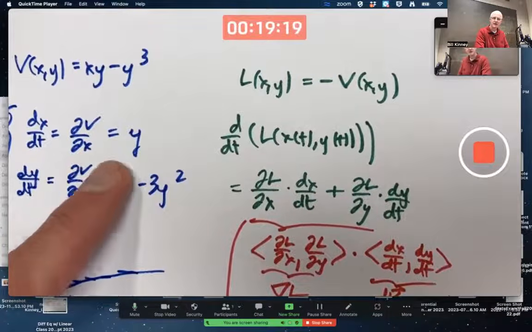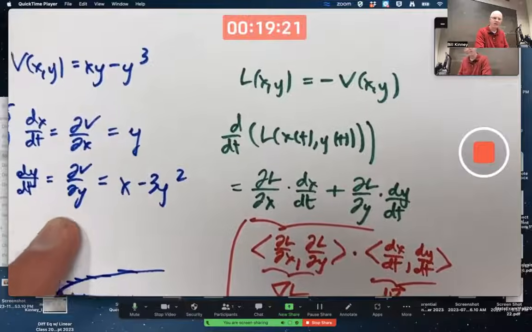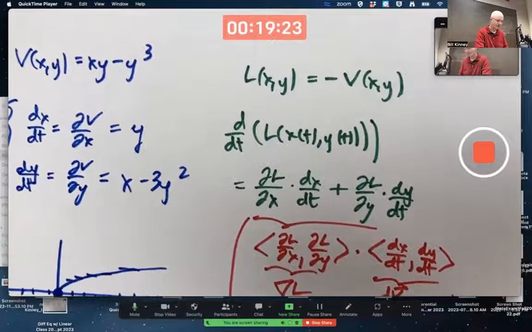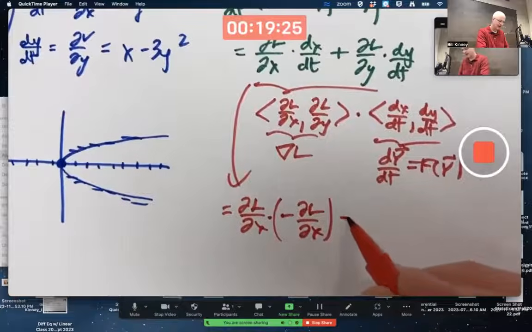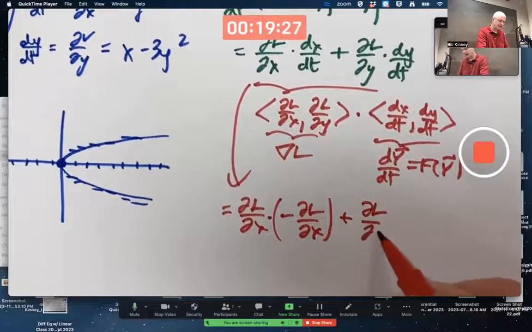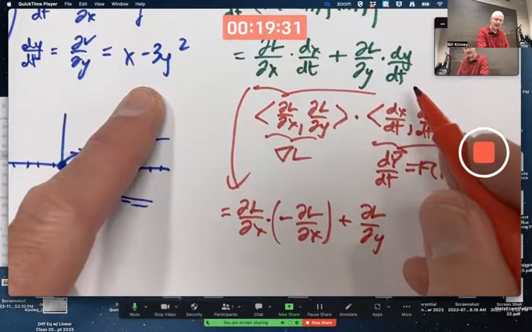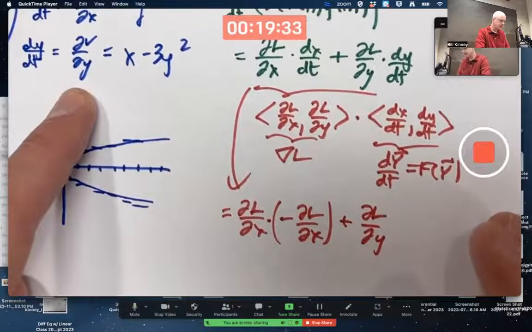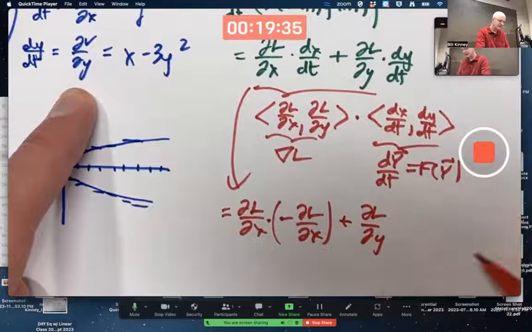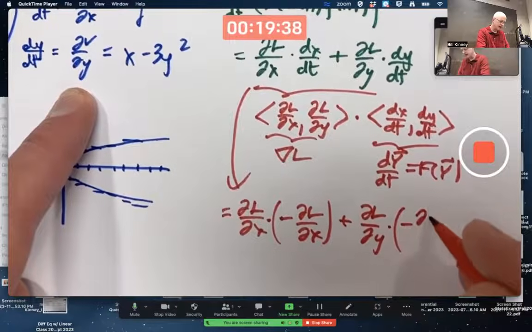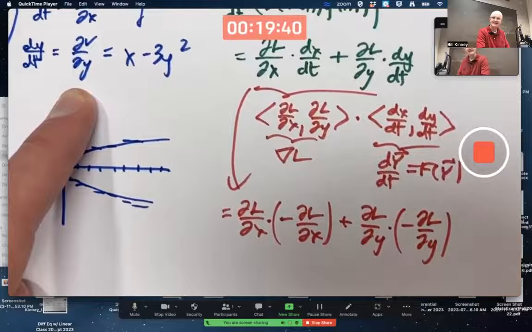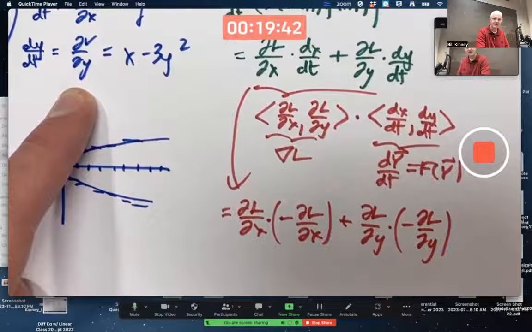I'm not using the particular formulas here. I'm using the form of the system. And the partial of L with respect to y gets multiplied by dy/dt. Again, for this system, that's that. But more importantly, it's the derivative of V with respect to y, which is the opposite of the derivative of L with respect to y, because L equals negative V.